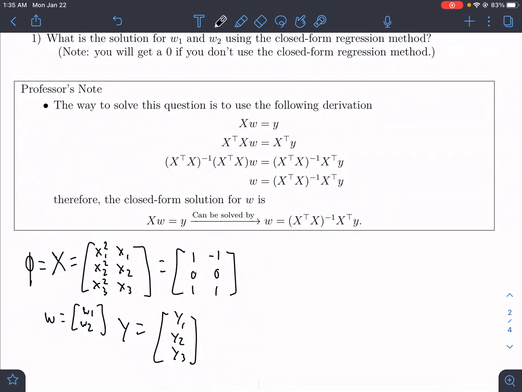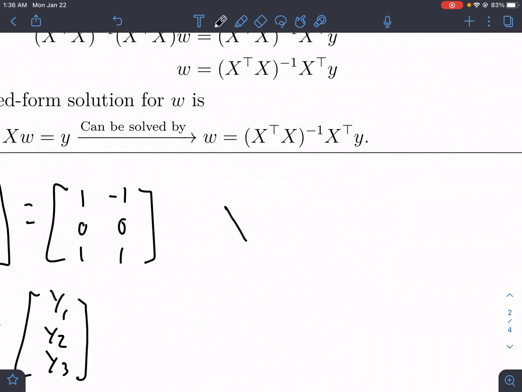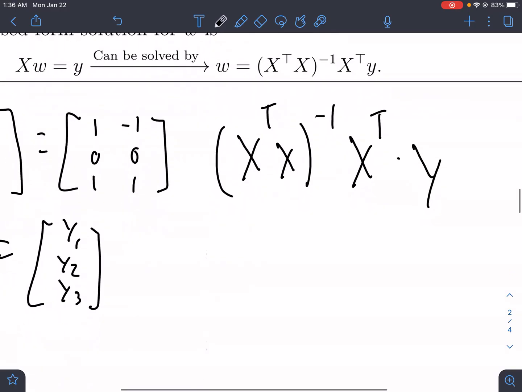So if we multiply this out, we're going to have x transpose x, I'm going to take the inverse of that times x transpose times y.